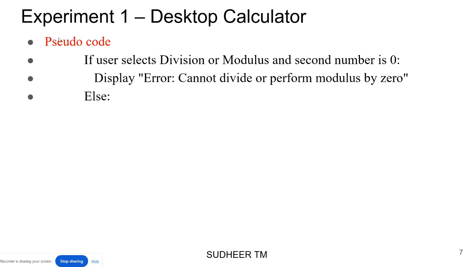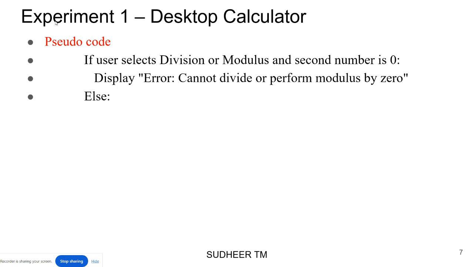Okay, so else, what should we do then? There we need to check two conditions. At this stage: if operation is division or operation is modulus and number 2 is 0. How can you implement this part? How can you implement that if the user selects division or modulus and the second number is 0?